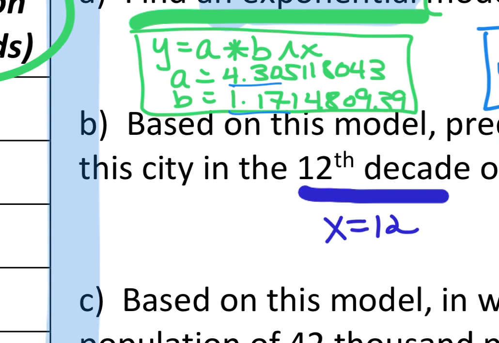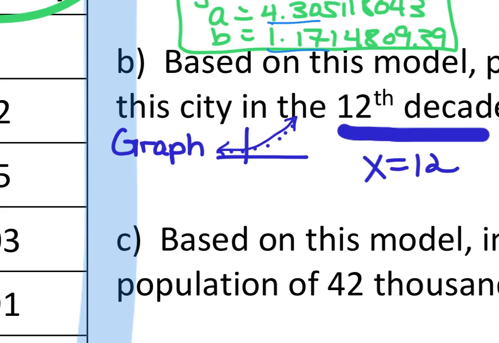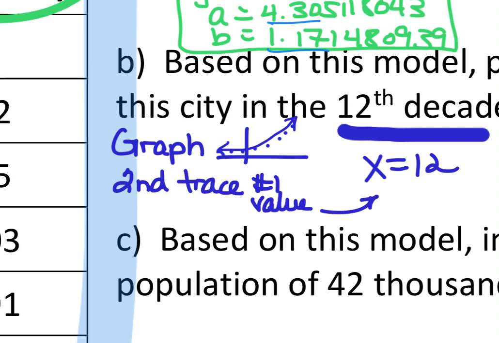And so you want to press graph so that you're seeing both the scatter graph as well as the line of the function that goes through it. And then you want to do second trace. And number 1 is value. And that's when you type in x equals 12.